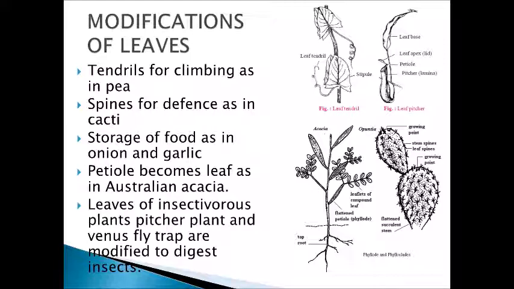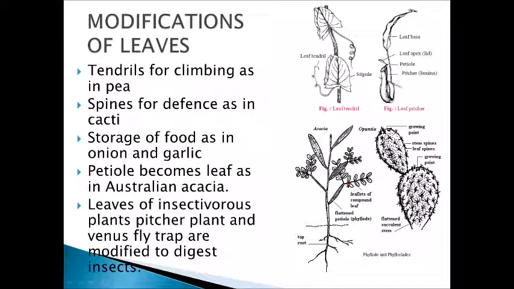Yet another example is Australian acacia, where petiole becomes leaf. Here, this is the plant which is called as Australian acacia. In this, the small leaflets of compound leaf are short-lived. These leaves remain for a very short period of time.